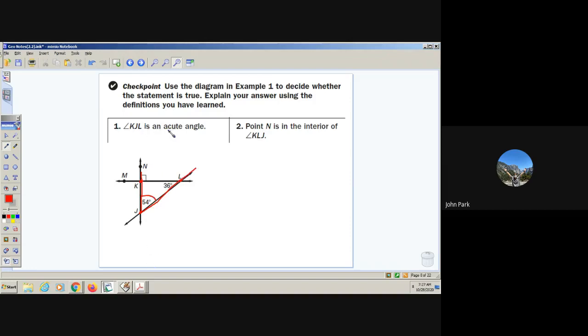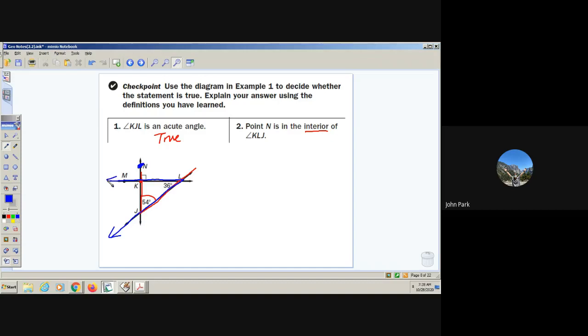Is that an acute angle? Yes, that's true, because 54 degrees is less than 90 degrees, and that's what we call an acute angle. Now, point N is in the interior. Remember, interior means inside of the angle. Point N is right here. Is that in the interior of angle KLJ? KLJ is this angle here.